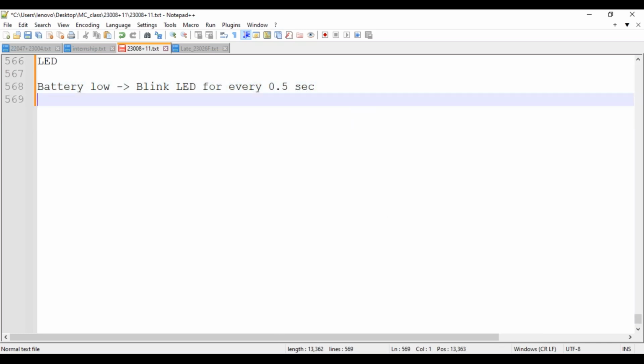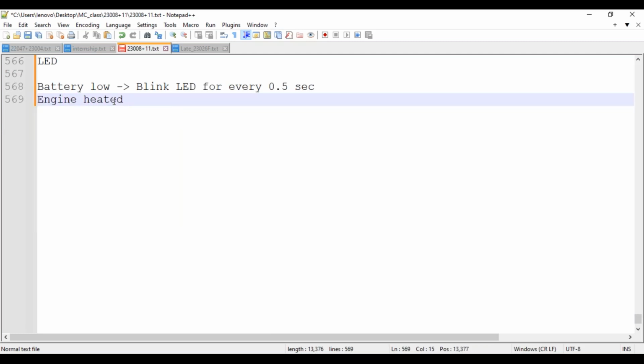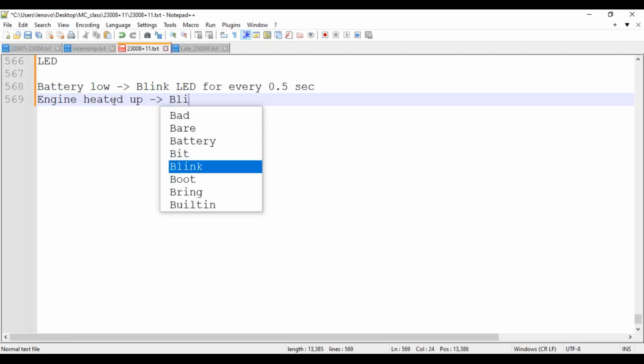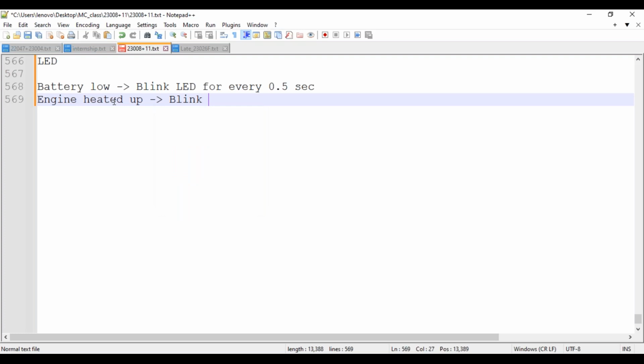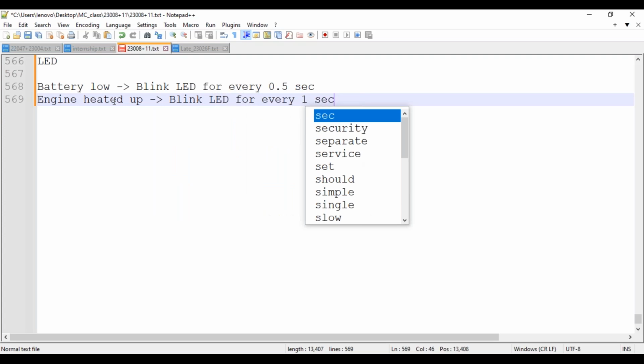Assume there is another error to show, that is engine heated up. The device is going to blink the LED, let's say, every 1 second. The problem with only the LED being used as a feedback device is that I have to keep a proper eye on it.